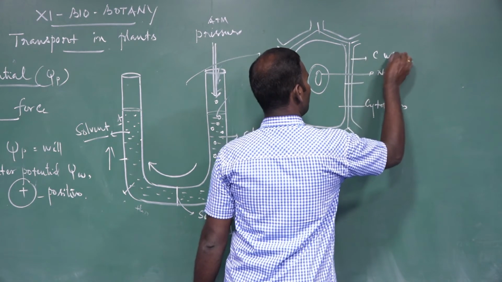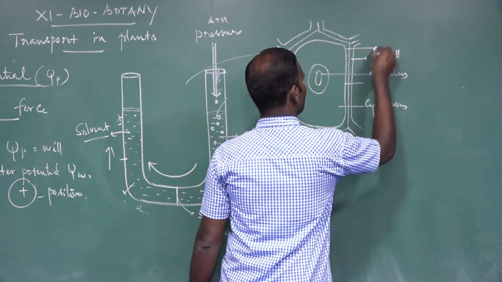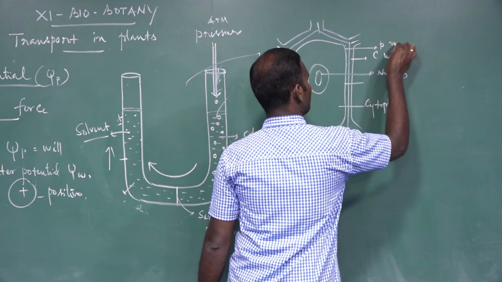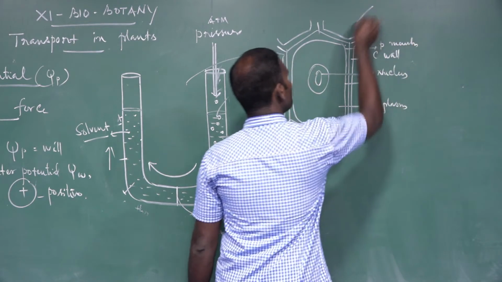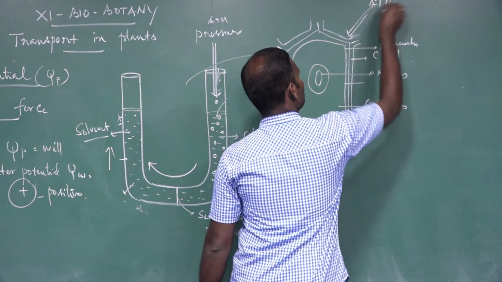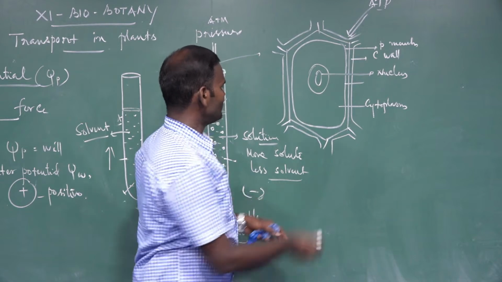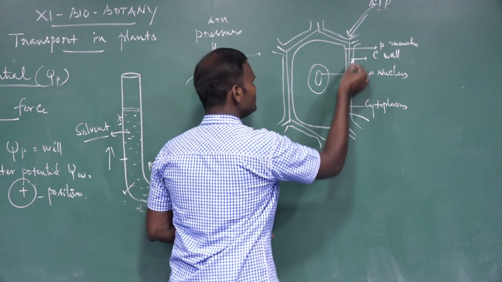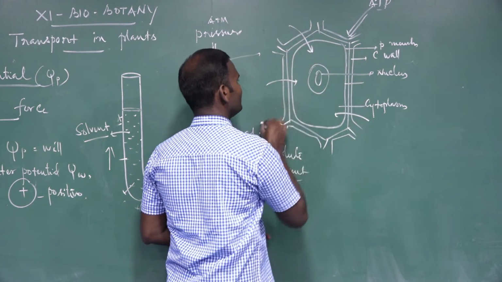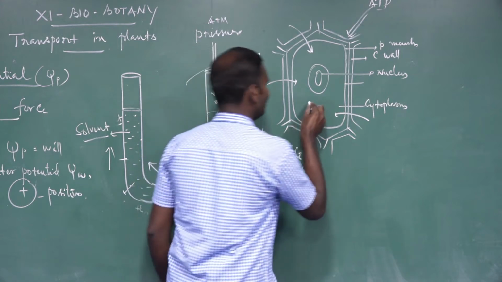It is a cell wall. It is a plasma membrane. Due to the atmospheric pressure, the water will enter from neighboring cells into the cell.